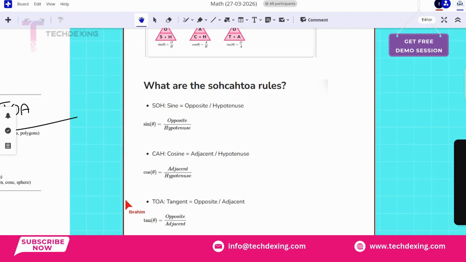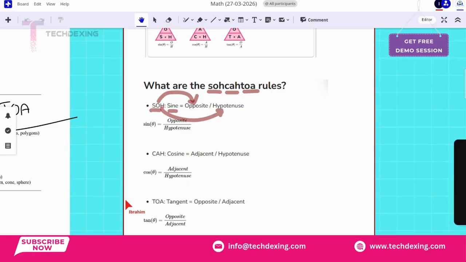So we have basically three main parts over here, the letters in SOHCAHTOA. The first one is SOH, the second one is CAH, and then TOA. We can differentiate them on the basis of what they mean. S for sine, O for opposite, H for hypotenuse.